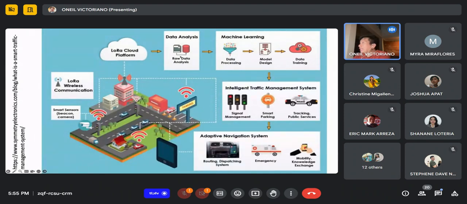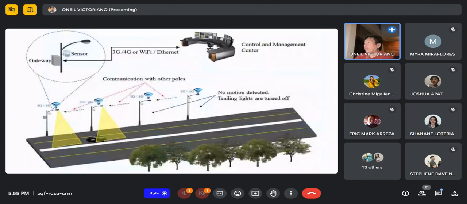It will do analysis, with machine learning or AI applications for models, and it will have intelligent traffic management systems. And then it will be adapted to particular smart wearables or smart devices. So it's all integrated. It's part of emerging technology, from IoT, the Internet of Things, to smart cities or smart communications.